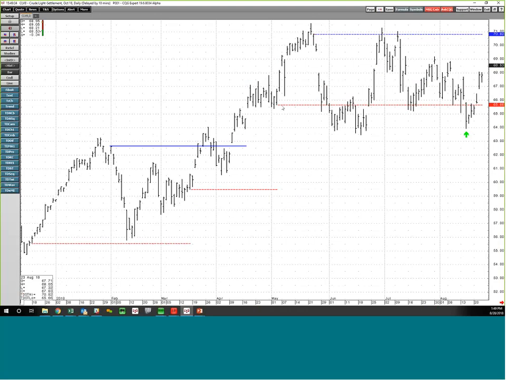Subsequently, the completion of a new setup again raised our support, raised our floor to this 65, 66 level. So the TDSTs change on a confirmed break, which would indicate rejection of support or resistance, or on the establishment of a new TDST that's going to change that level. It's going to raise the floor, if you will, or lower the ceiling, lower the resistance.